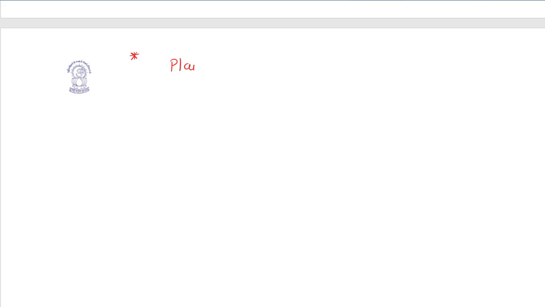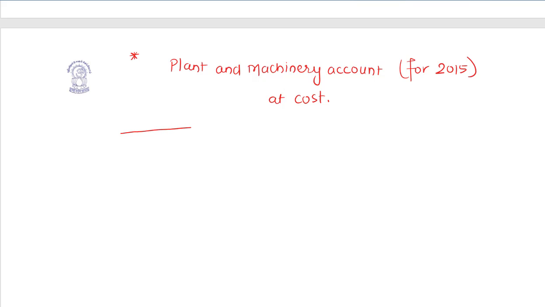Next is plant and machinery account for 2015 at cost.